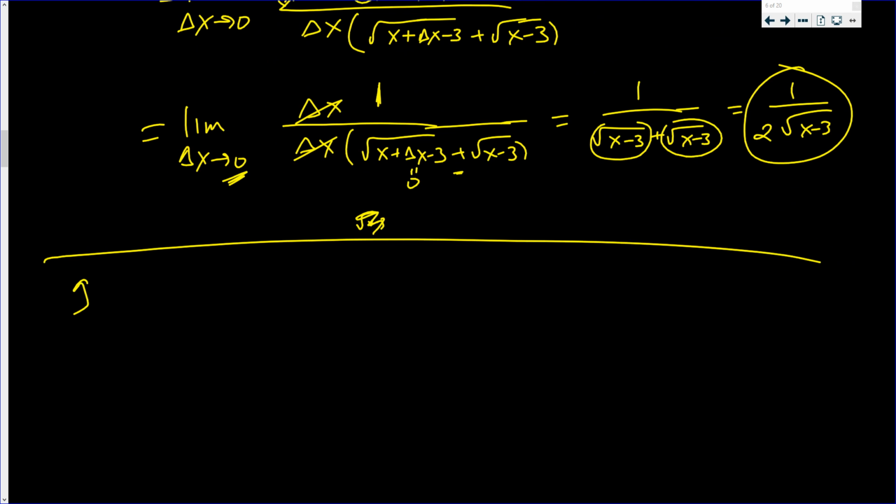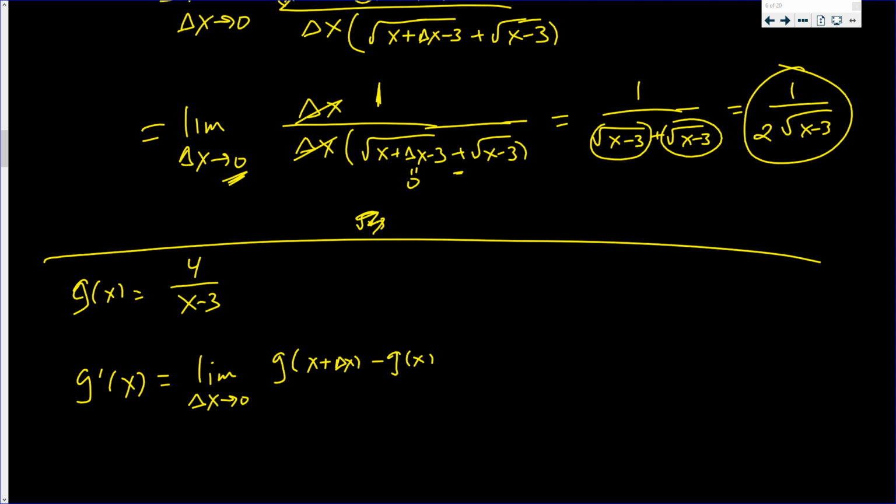Suppose you are told this time that g of x is equal to 4 over x minus 3. So then g prime of x is going to equal the limit as delta x goes to 0 of g of x plus delta x minus g of x all over delta x. And this is going to equal, now what does g do?